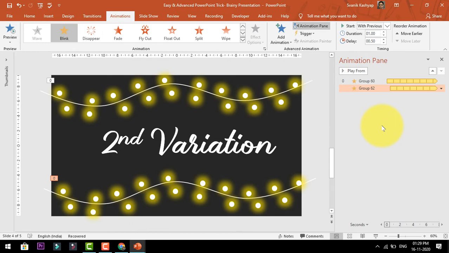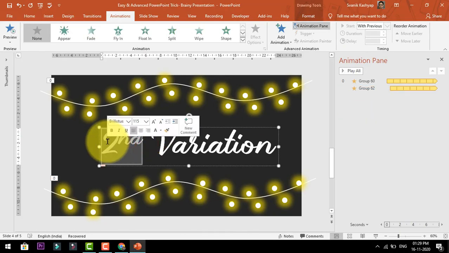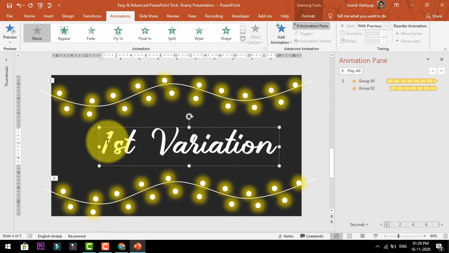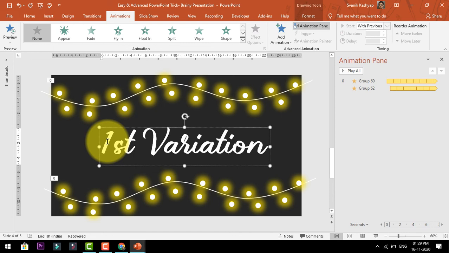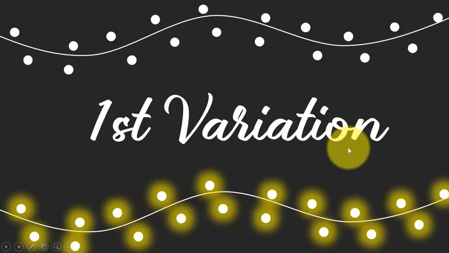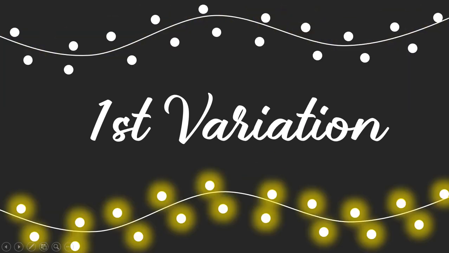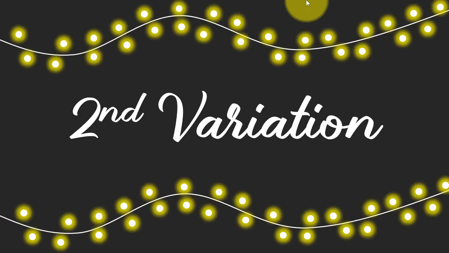Then first let me change the text to first variation. And here is the first variation. As you can see, a bit of delay is displayed between these two, and the second variation was this.